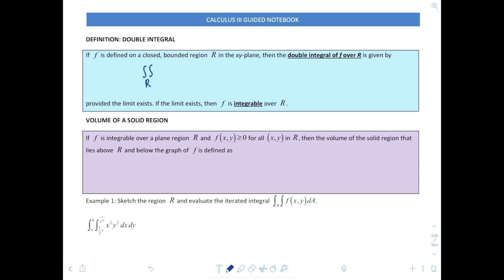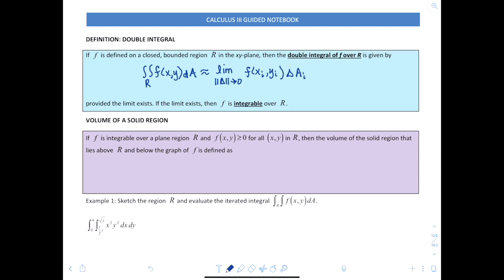So R is this region here. We've got our f of x and y dA, and that's approximately equal to the limit as the norm of delta approaches 0, so basically as the widest subinterval of our area approaches 0, of the sum of f of xi, yi times delta Ai, provided the limit exists.